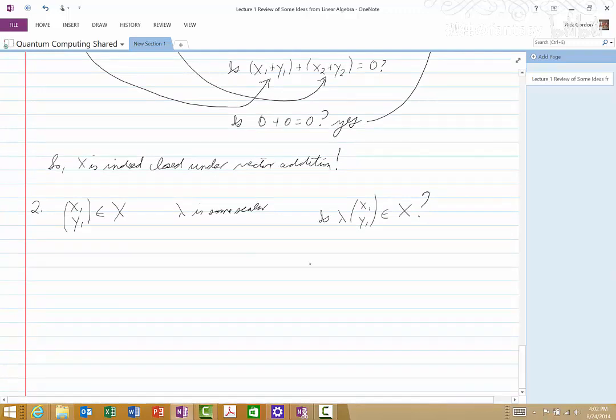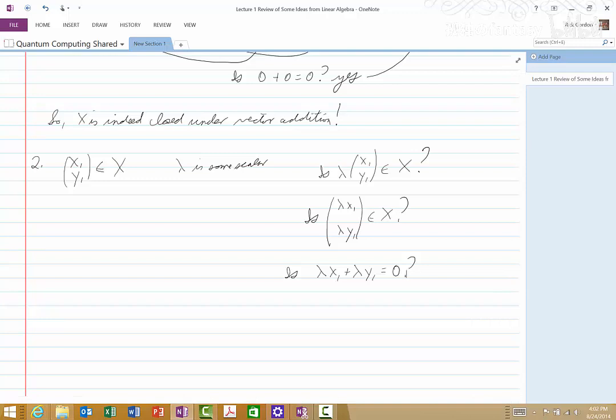Well, that's the same as asking, is lambda x1, lambda y1 in X? And remember, to be in X, the first component plus the second component must be 0. So that's the same as asking, is lambda x1 plus lambda y1 equal to 0? And now, since lambda x1 and lambda y1 are just numbers, this is the same as saying, is lambda times x1 plus y1 equal to 0?